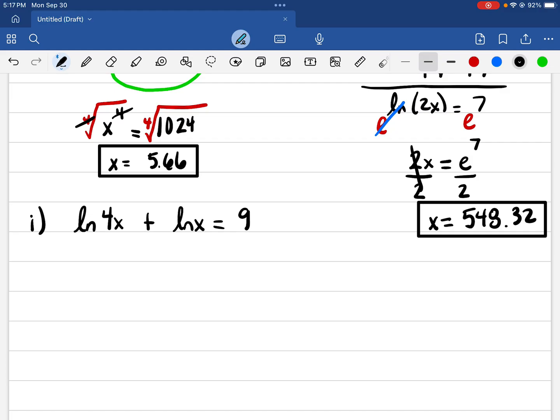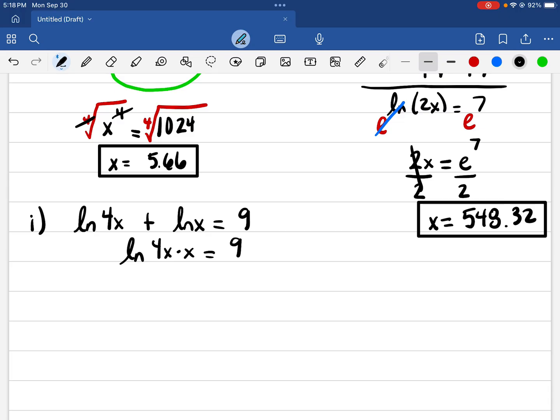If we think back to what we said for log and the product property, we said that if we had 2 logs separated by addition, then we could rewrite it as a single log if we used multiplication. So that's what we're going to do here on this left-hand side. I'm going to rewrite that as 4x times x to combine it down to just 1 log.